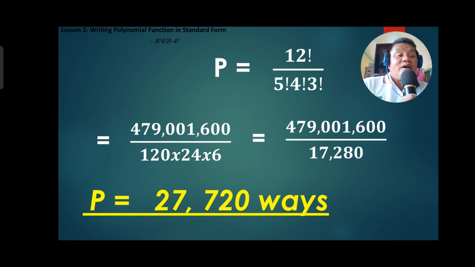And that we have 479,001,600 divided by 17,280 is equal to 27,720 ways. So you can arrange the books in 27,720 ways.